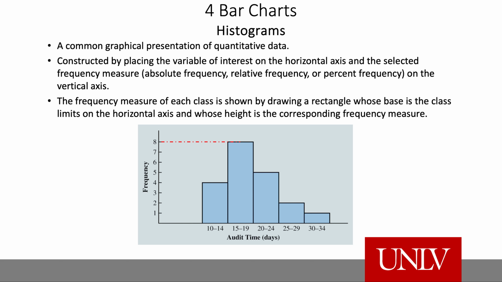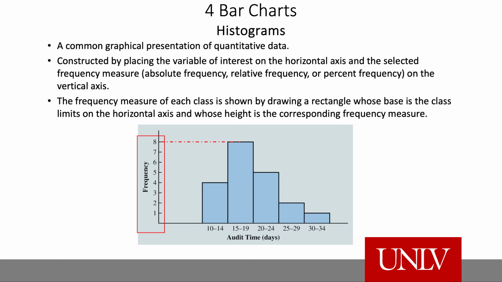Here's an example of a histogram. On the x-axis, we see audit times in days, divided into intervals like 10 to 14, 15 to 19, and so on. On the y-axis, we have frequency, which shows how many audits fall into each interval. Each bar represents the number of audits in the time range.